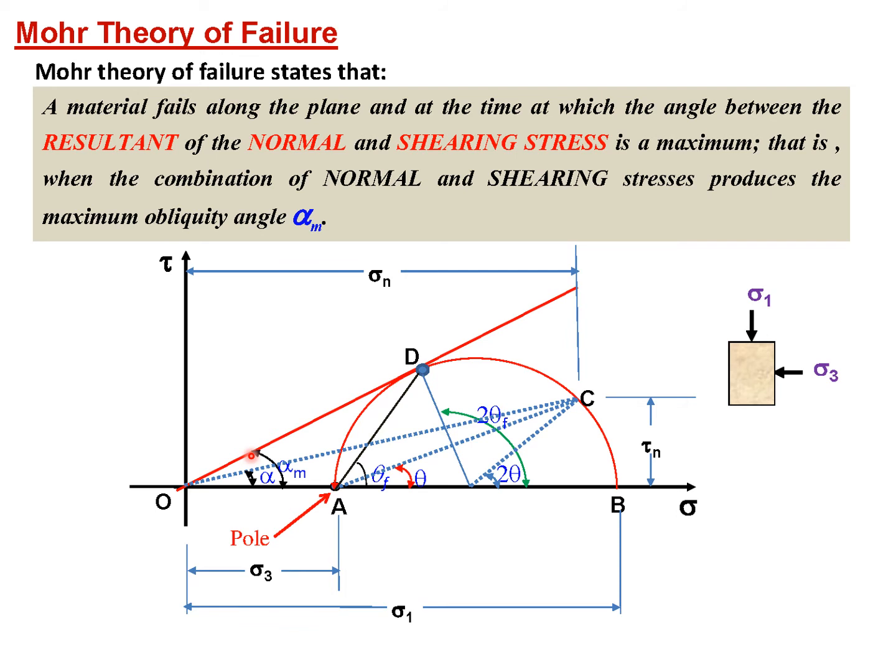So you can say that failure will occur if you are having the normal stresses and the shear stresses corresponding to point D.